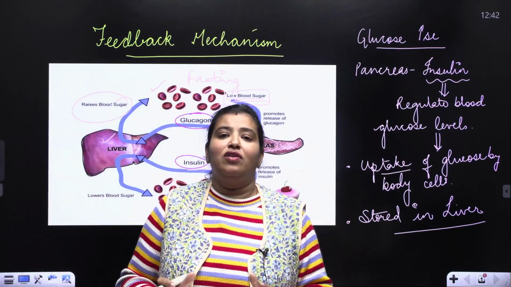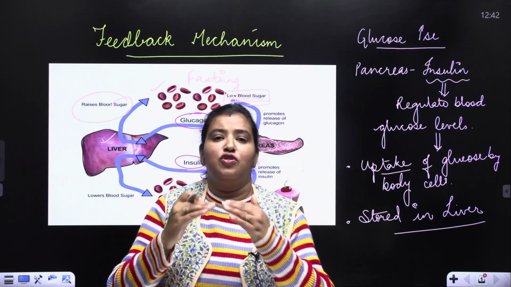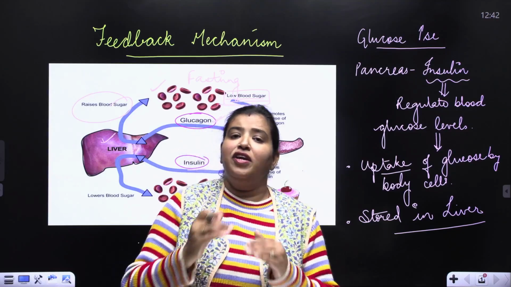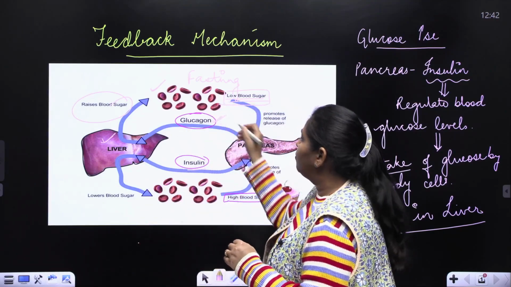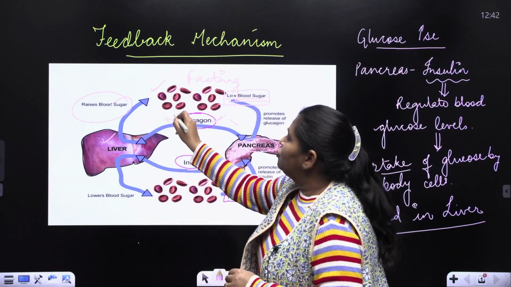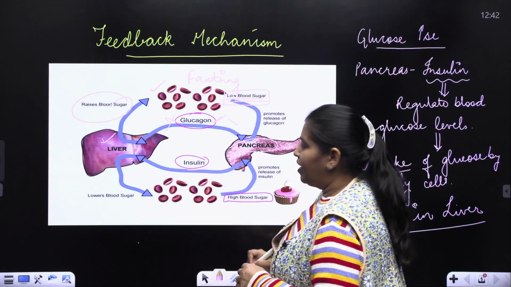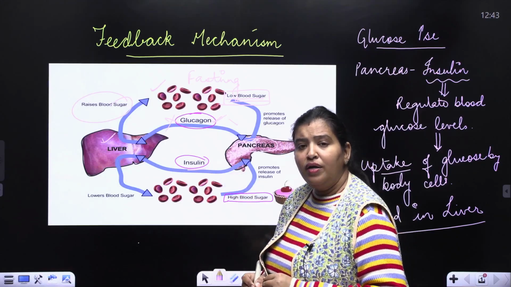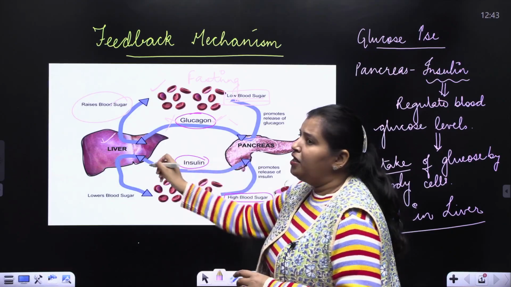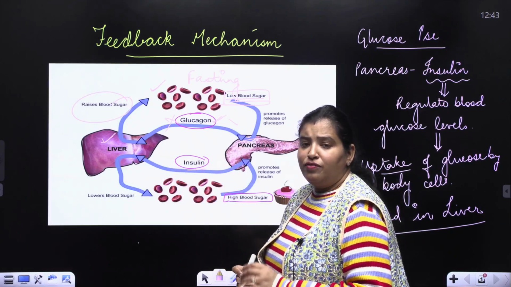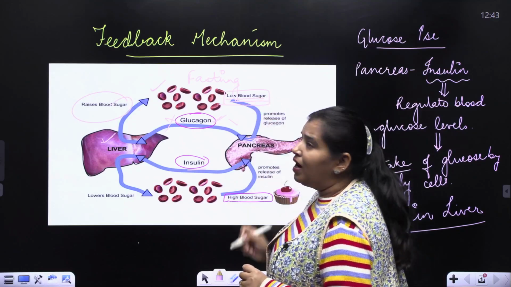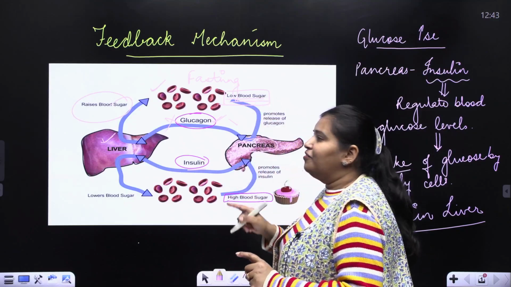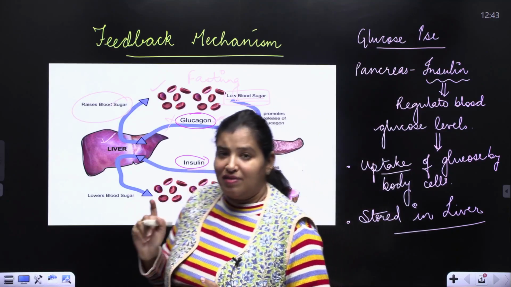And once the level of the blood sugar becomes normalized, they have reached that particular concentration, the production of glucagon will then stop. Then you don't need any more glucagon. That means you don't need any more stored food from the liver to be converted back into glucose and added into blood. This is the feedback mechanism.